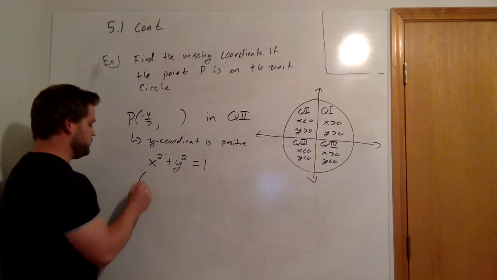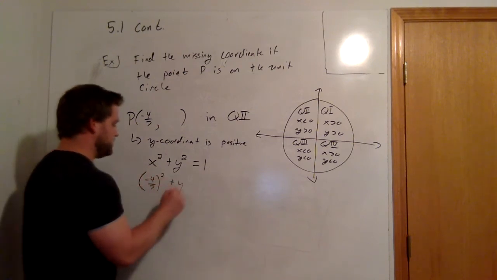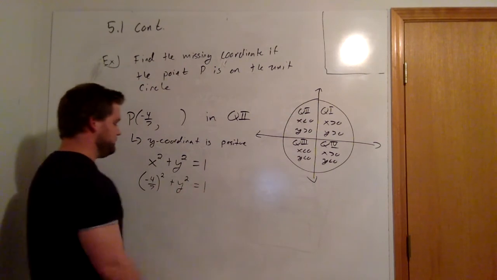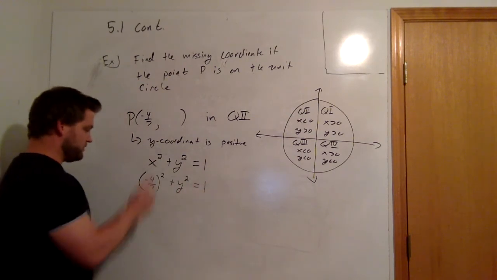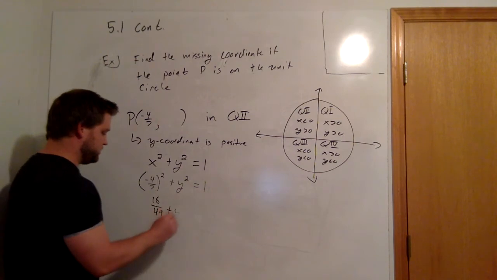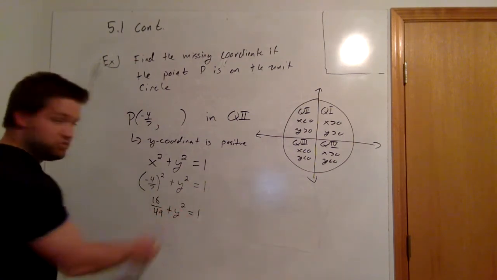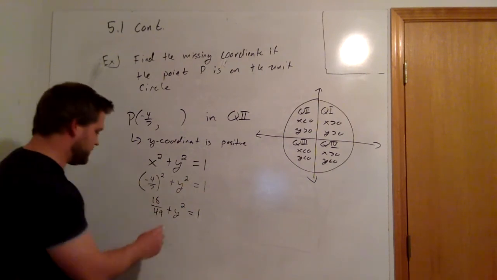So doing that, we can replace x with -4/7 squared plus y squared is equal to 1. -4/7 squared will give us 16/49 plus y squared will be equal to 1. Let's go ahead and subtract 16/49 from both sides.